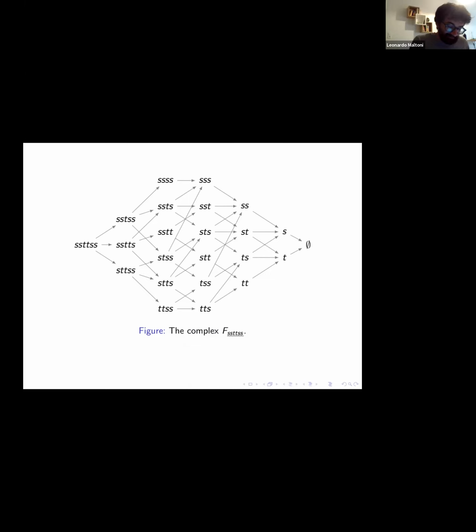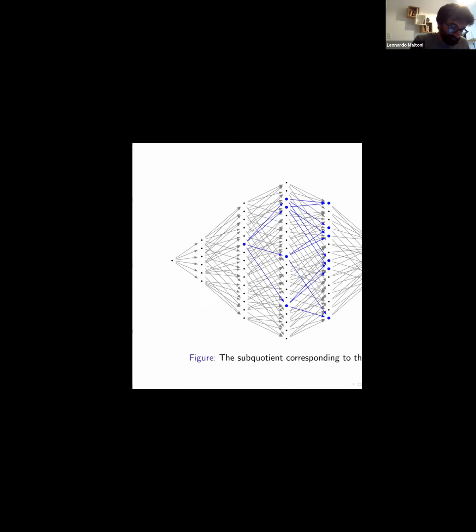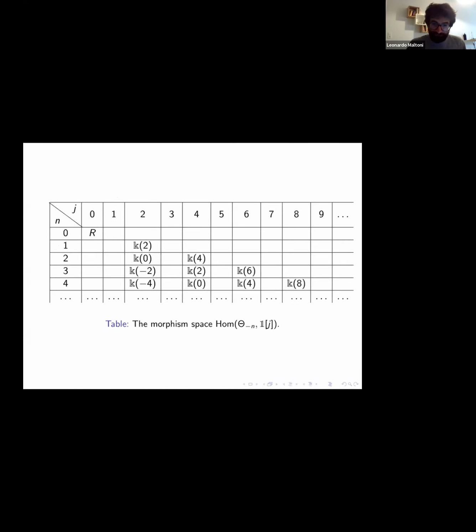So as I said, in characteristic 0, we also know the minimal complex of Wakimoto sheaves. And then we can use this to compute cohomology, I mean, to compute morphisms between them. And this is a table representing morphisms between Wakimoto sheaves in type A1 affine.